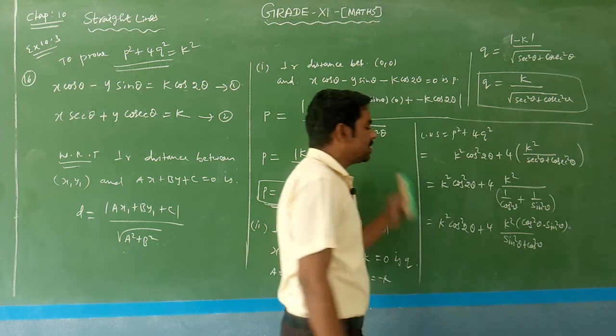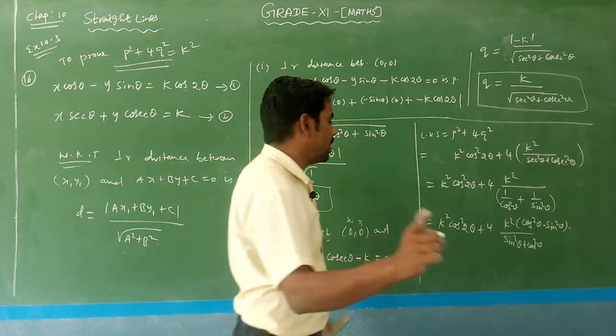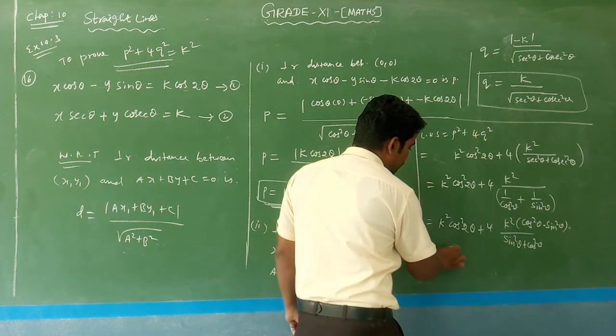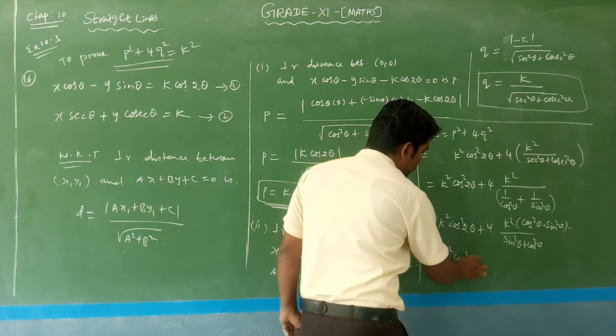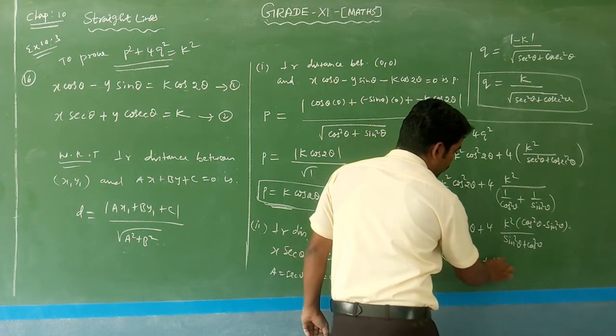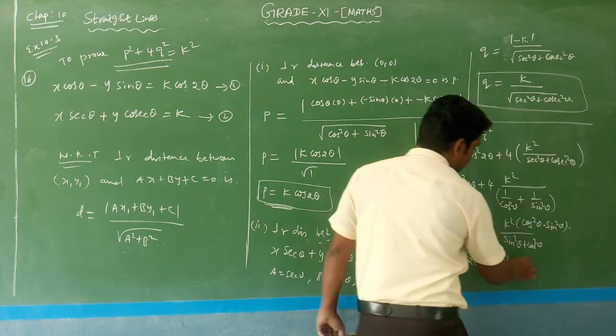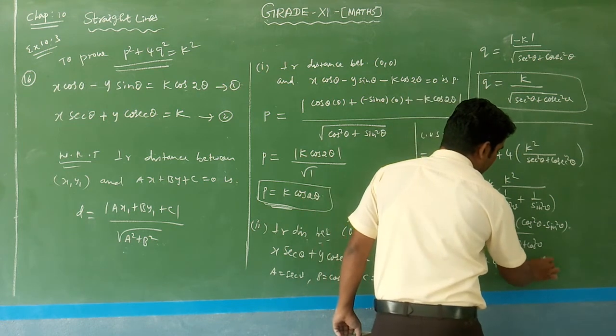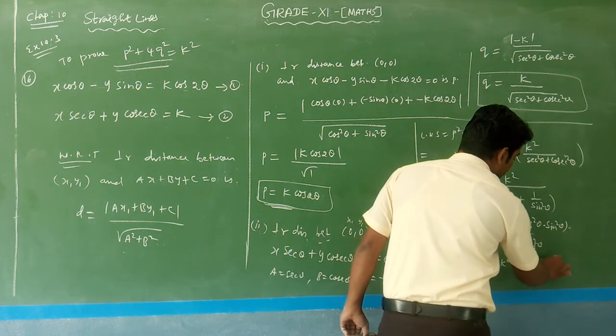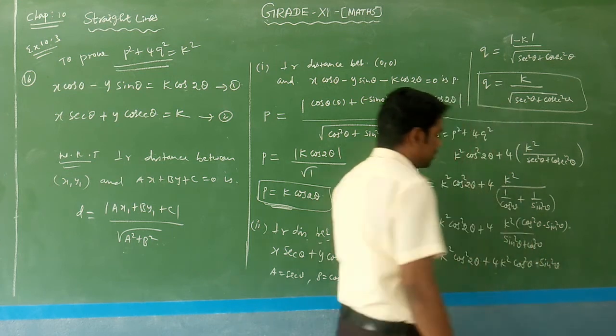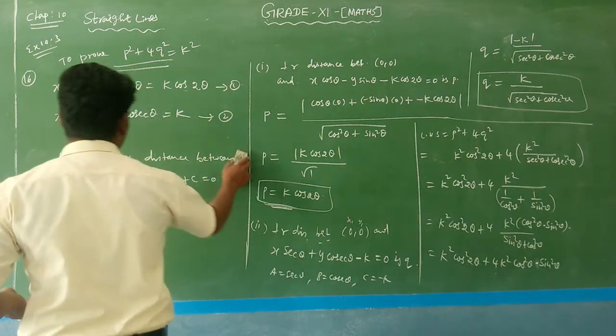You know sin square theta plus cos square theta is 1, so remaining k squared cos squared 2 theta plus 4 k squared cos square theta sin square theta.